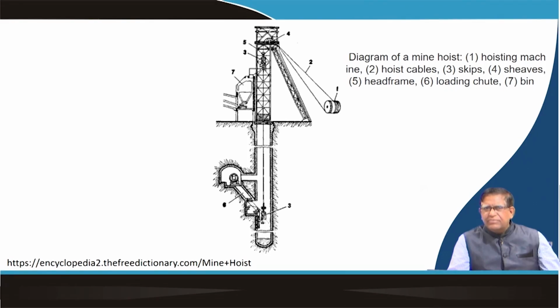The length of the rope is managed in that way so that proper positioning is done. Then there is the whole head frame or head gear, and then we have the loading chute and the bin, where the material will be given over here. So, this is the way you can describe what we mean by a cage winding system or a skip winding system.